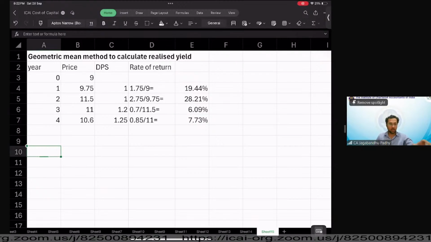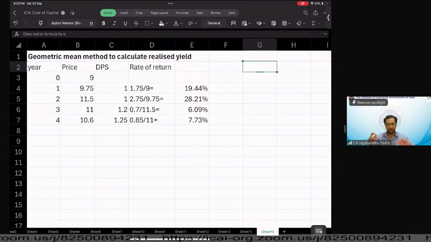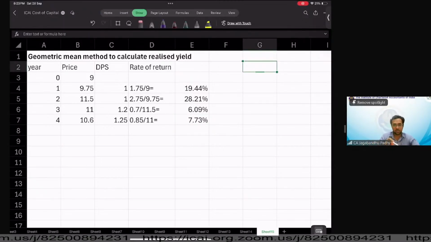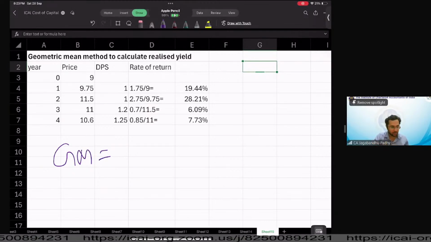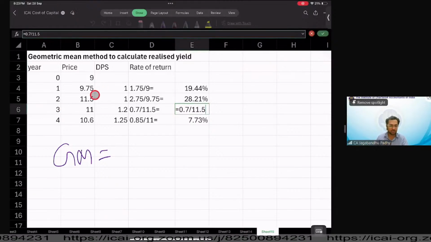Right? Okay. Do you know how to calculate the geometric mean? Let me explain the price reduction. The share price has reduced from 11.5 to 11. So there has been a reduction of 0.5 rupees.